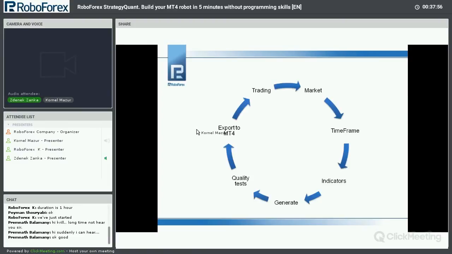Let's speak more closely about how the process looks when you use this artificial intelligence. The first part is to set what we want to search. I don't want to say this is a black box, because it is not. You will have a lot of opportunities to tell your program, your artificial intelligence, your computer, like your brother, what kind of strategies it should look for. So I will explain my process.